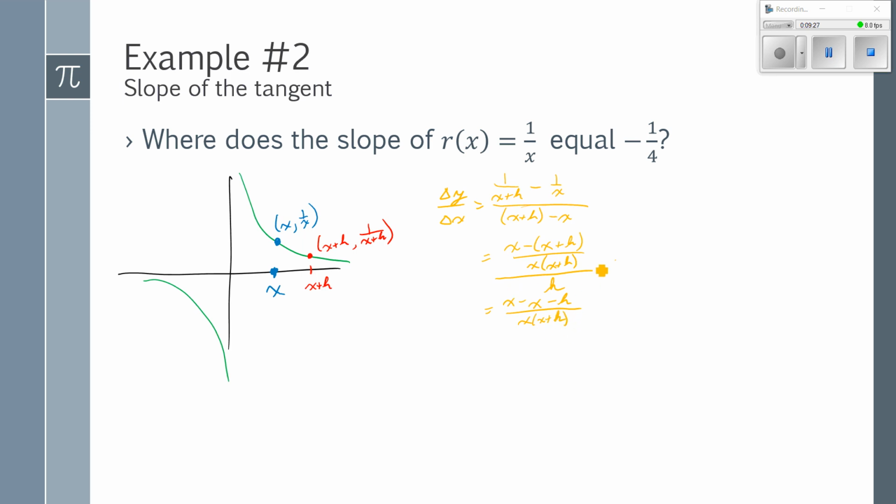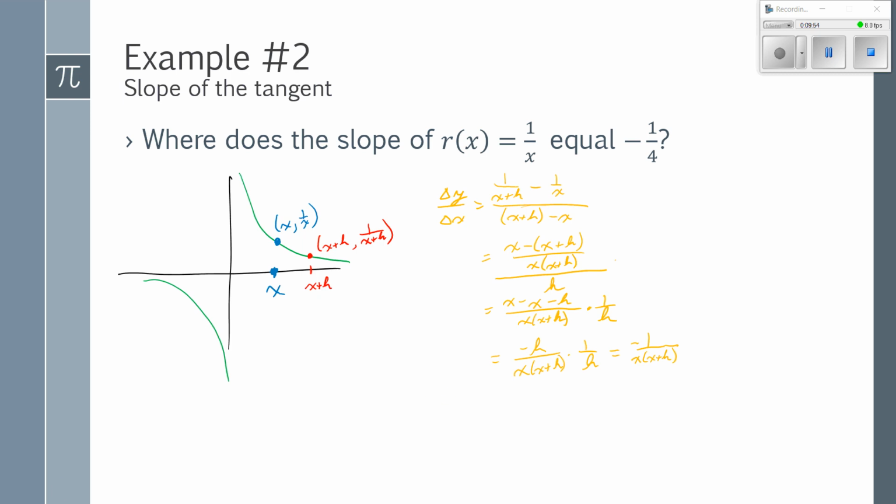Dividing this whole fraction on top by h is the same as multiplying by the reciprocal of h, which is 1 over h. So this gives me negative h over x times x plus h times 1 over h. The h's cancel, leaving me with negative 1 over x times x plus h.